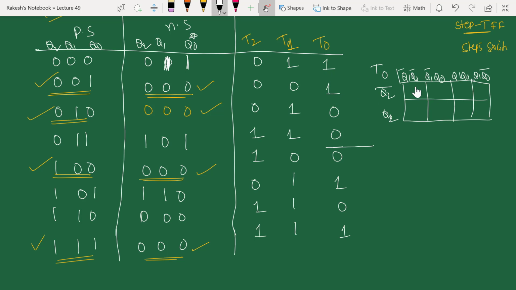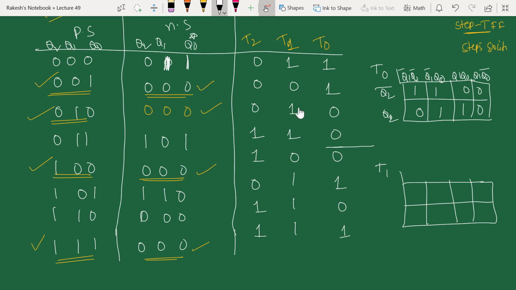If you fill it, it will be 1 1 0 0, 0 1 0 1. Similarly, if you fill it for T1, 1 0 1 1 0 1 1 1. So if you make the simplification, this will be one pair and this will be one pair.